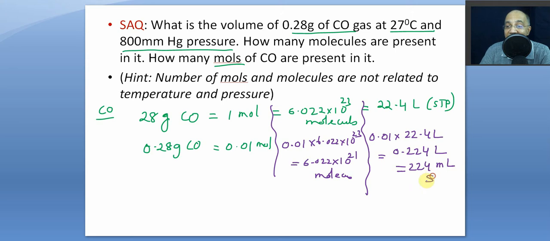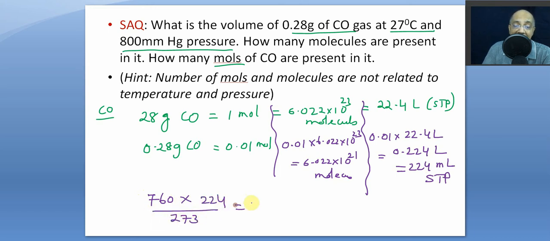It is STP volume. Then you have to convert from STP to the given conditions. That means 760 is the STP pressure and STP volume that you got and STP temperature. And then the required conditions are 800 millimeter pressure. What is the non-STP volume? And the non-STP temperature is 300 Kelvin.